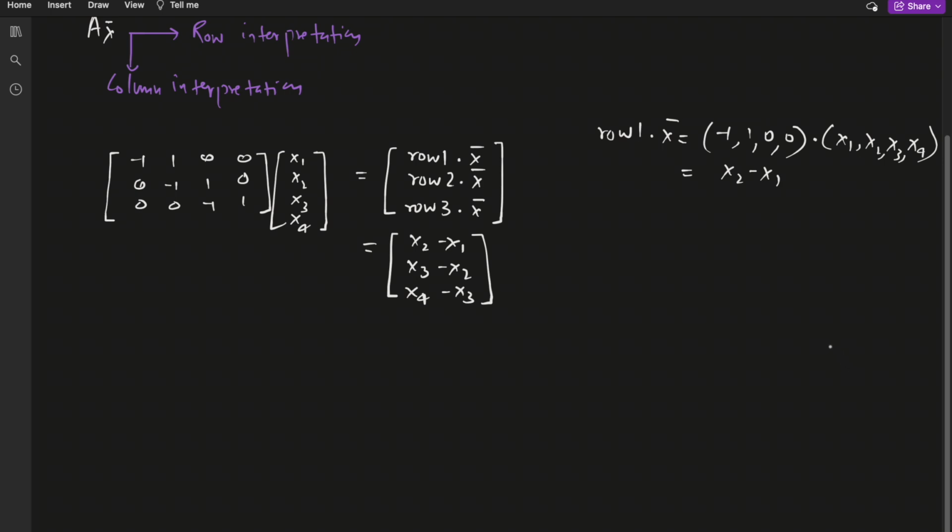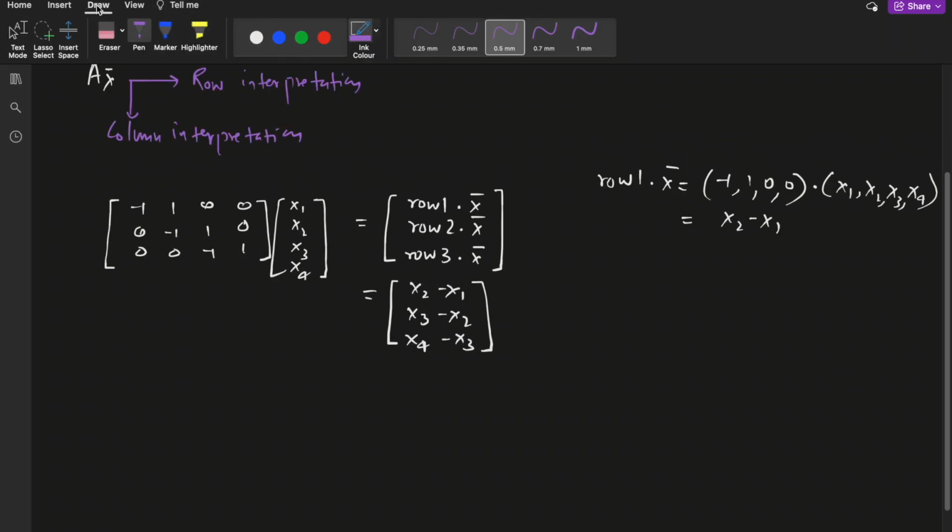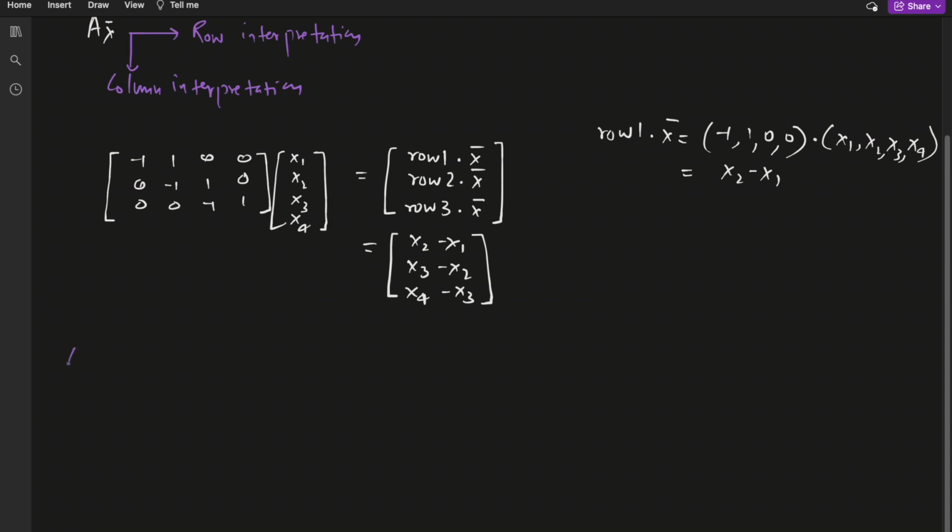The column picture of AX says that the matrix A times the vector X is nothing but a combination of the columns of matrix A.